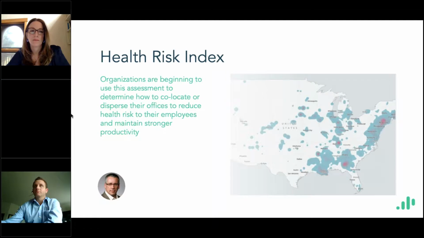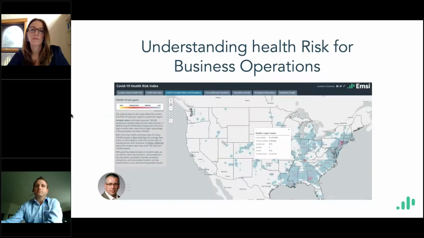And then we started to talk about population, health, age, and income, which play a big role, obviously, with the 60 plus population being more at risk. So we brought those together into a multivariate model, and we started to compare that to the prevalence of the disease.